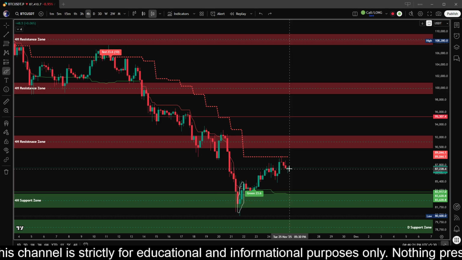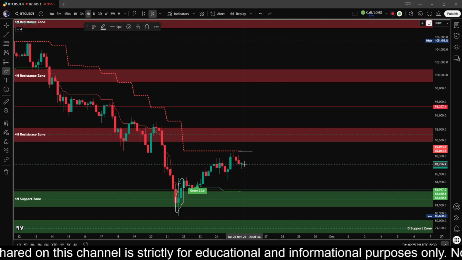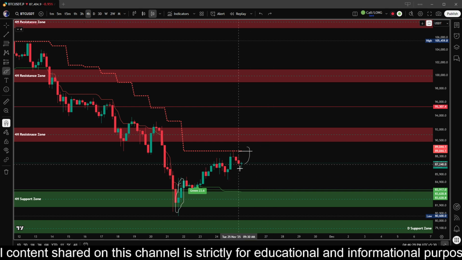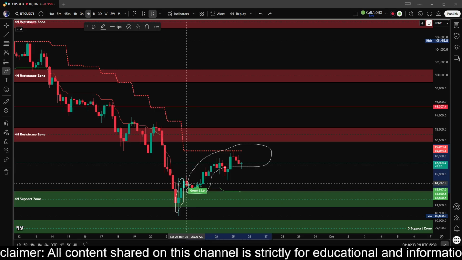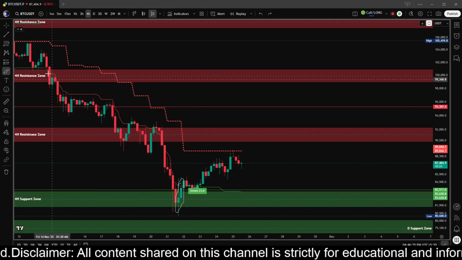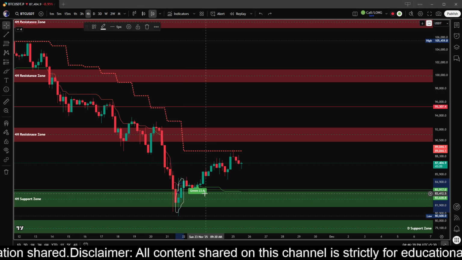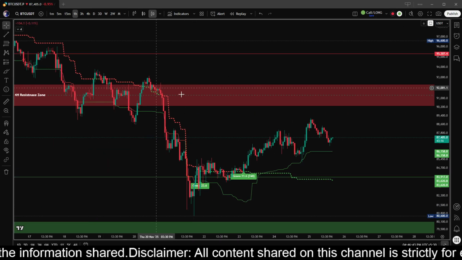So what's pending right now is this 4 hour change. Once price starts trading here, then we will have another confirmation, another signal which indicates the market has changed its structure in the 4 hour also.